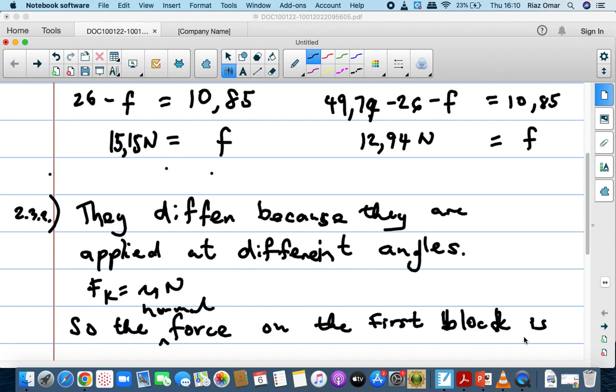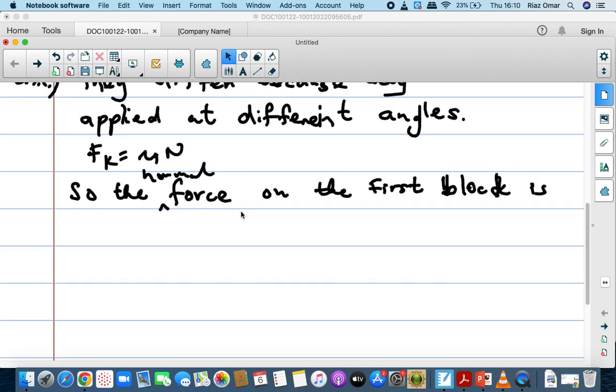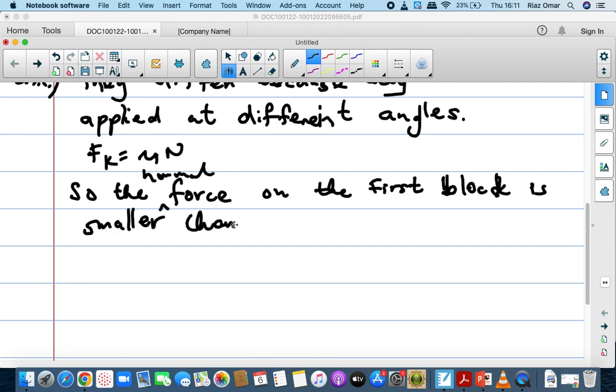That's very important, that the normal force on the first block is smaller than that on the second block, and because of that, the normal force is less.